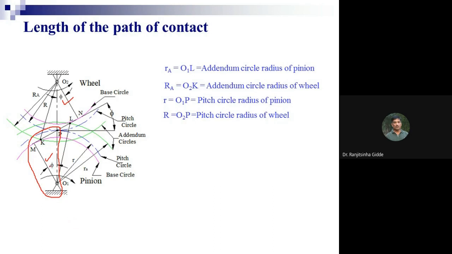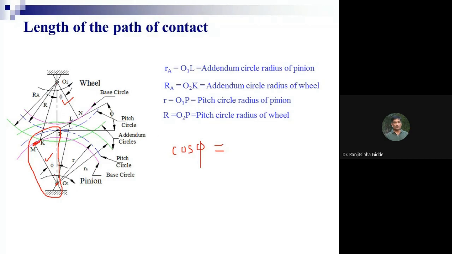Now here we are going to write cos phi is equal to, we need to find the value of this O1M, which is the radius of base circle for pinion. Similarly, O2N, radius of base circle for the wheel.